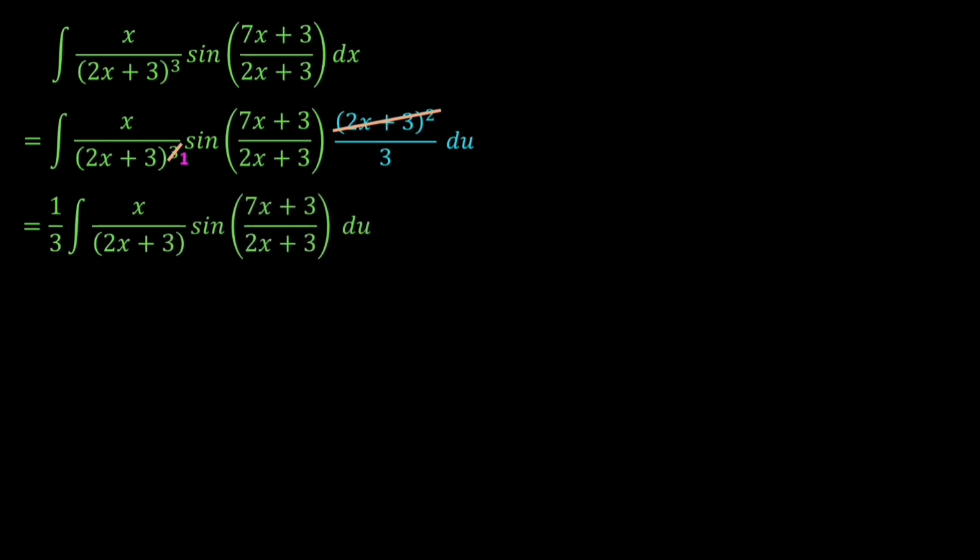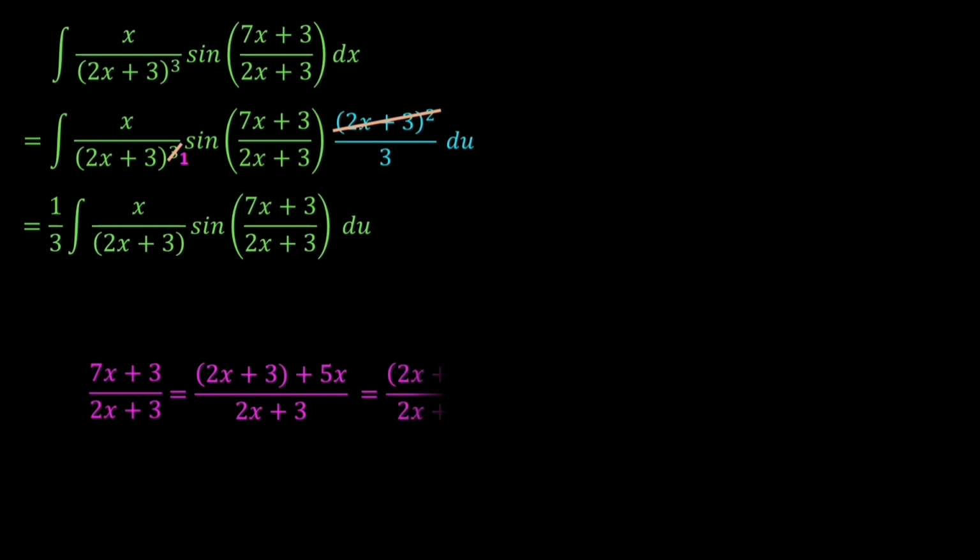Now we need to express the (7x plus 3) over (2x plus 3) value in u terms. So the numerator value 7x plus 3 we can write as 2x plus 3 plus 5x. After that, we can divide the 2x plus 3 and 5x terms separately.